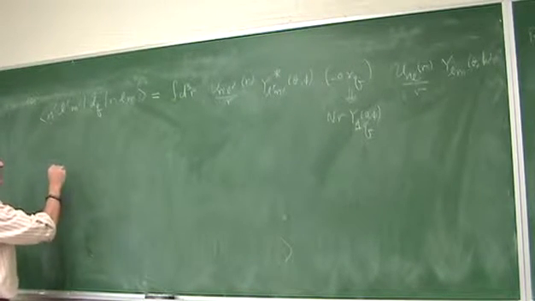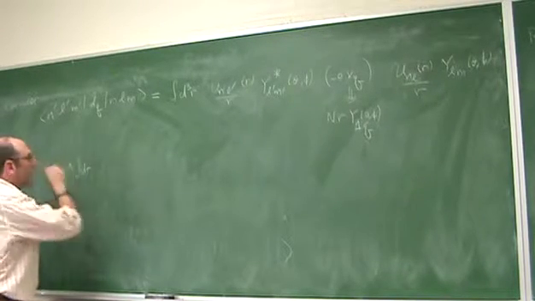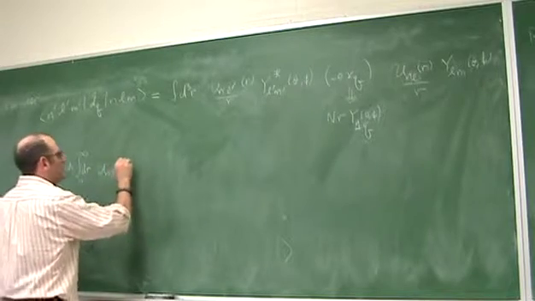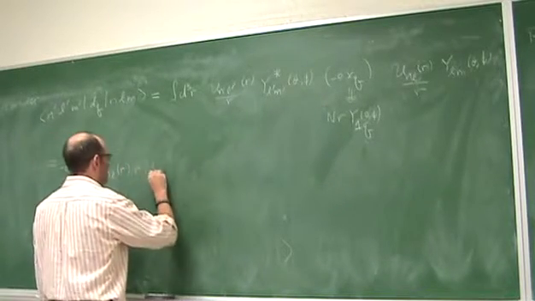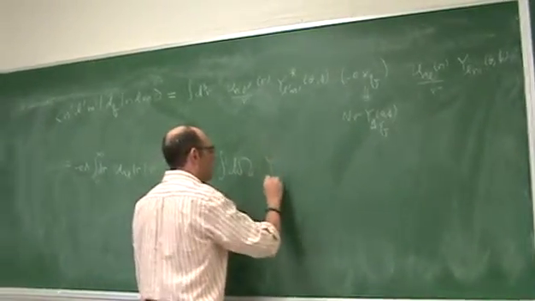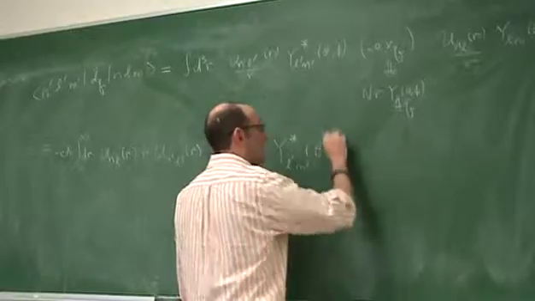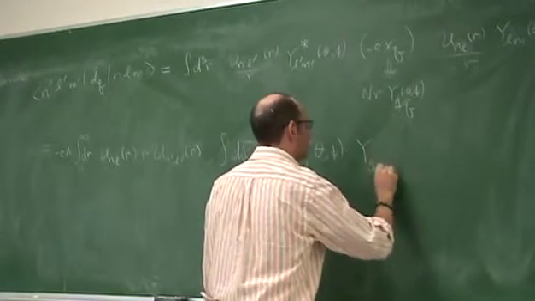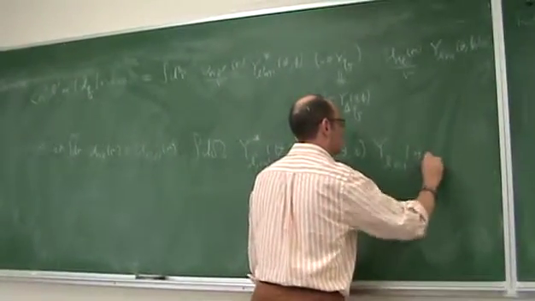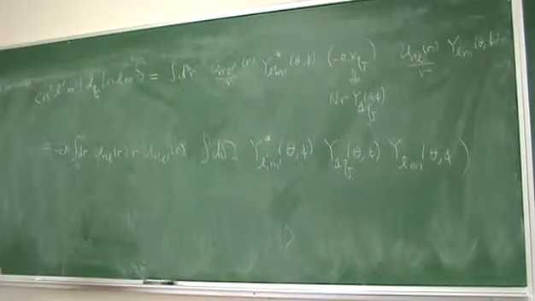What I see is there's some number, the integral over the radial coordinates, and then the integral over solid angles. So we've broken up this matrix element into two pieces.